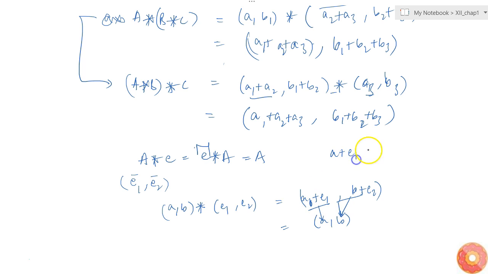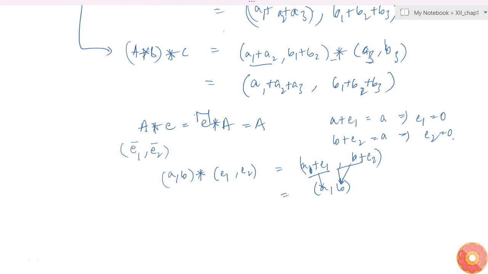So a plus e1 is equal to a, that implies e1 is equal to 0. And similarly b plus e2 equal to b, that implies e2 equal to 0. Therefore we get the identity element e, which is (e1, e2), simply (0, 0). So this is the identity element.